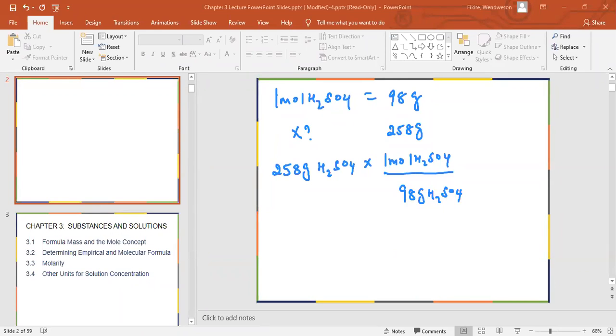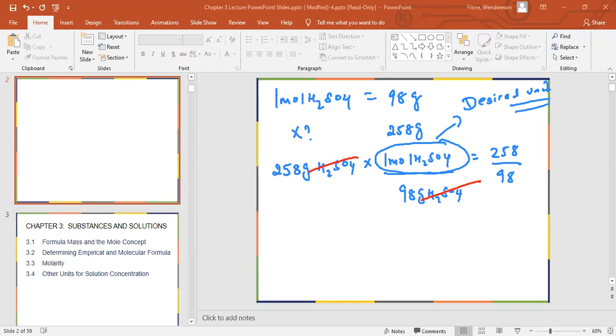The unwanted units will be cancelled out. Then you just have to divide 258 by 98, and that gives you the number of moles. Remember that we're looking for the number of moles, the desired unit. The ones that you're looking for, the desired units, have to be on the top.